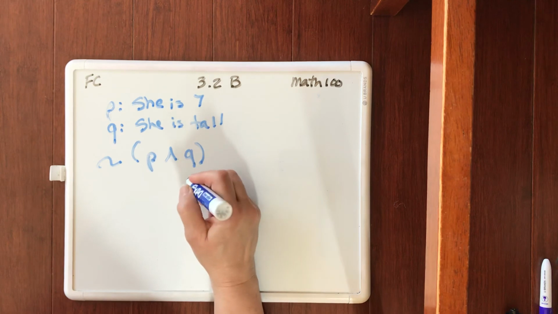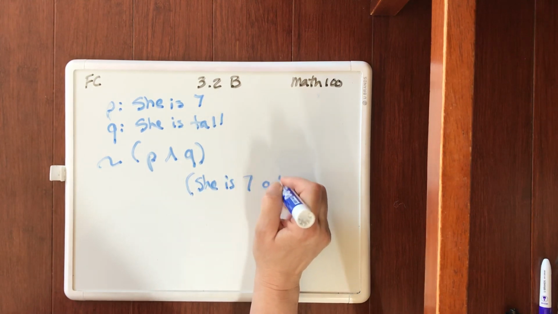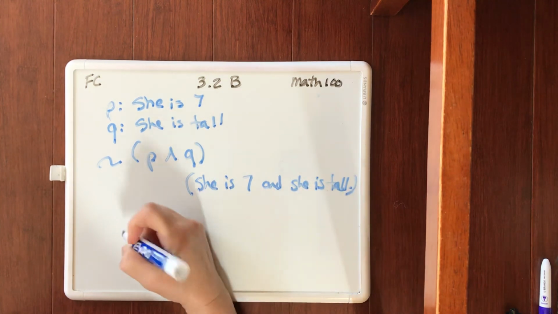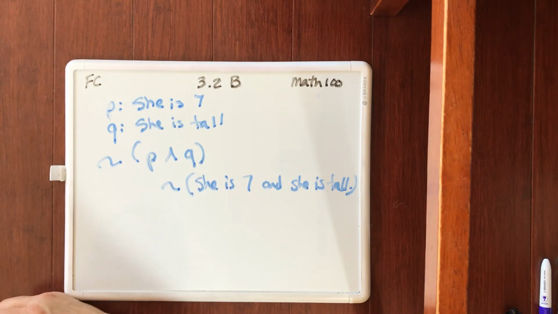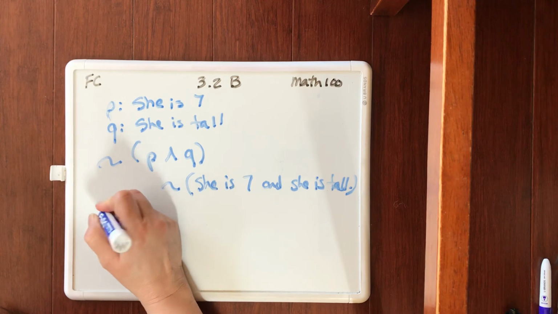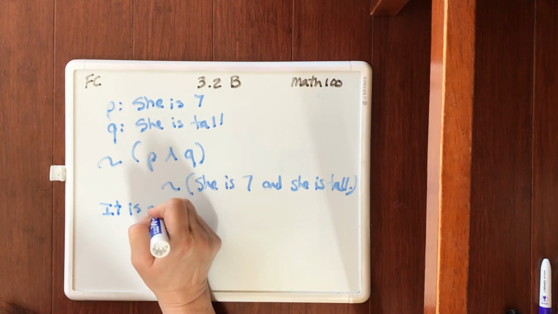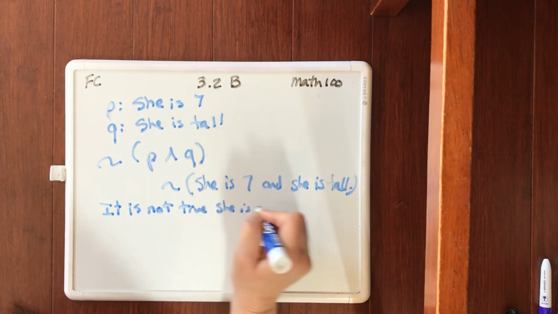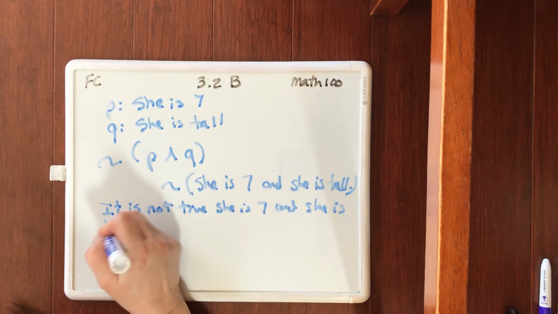So let's write that. She is 7 and she is tall. Okay, and then we put this negation in front of it. So how can we word that? Well, there's different ways of wording it. Here's one way. It is not true. She is 7 and she is tall.